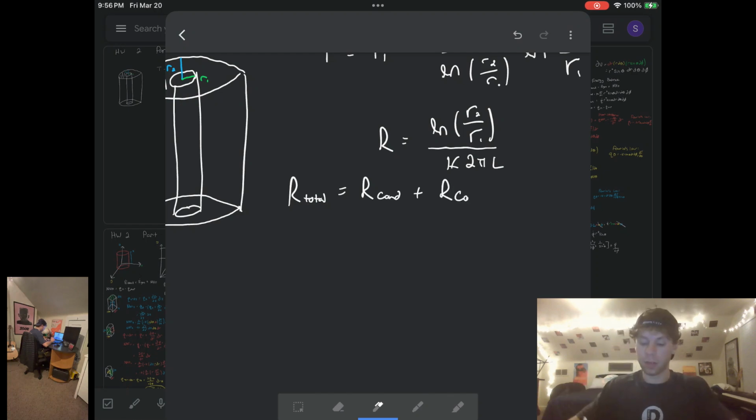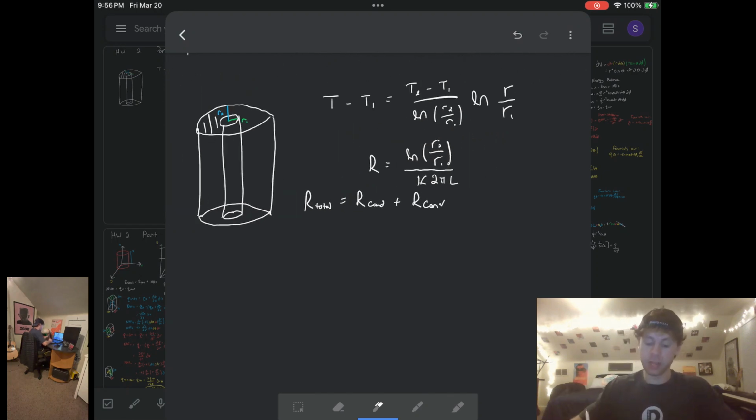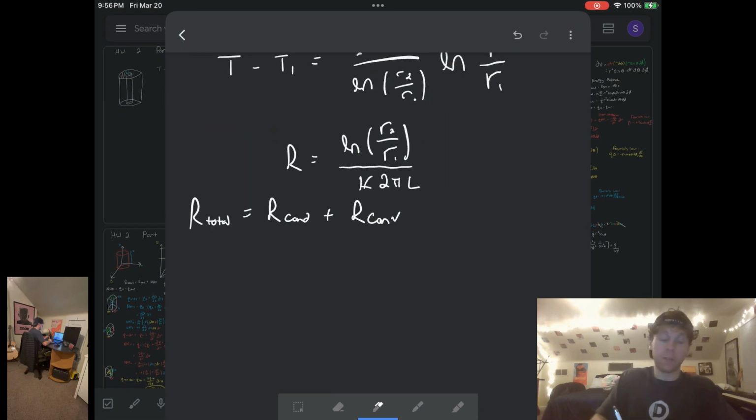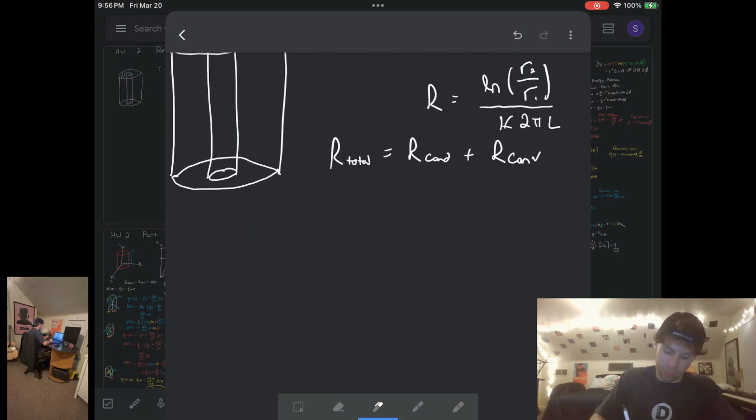So to find our convective thermal resistance, if we use our formula for heat flow by convection, which we know is our coefficient of convection, h, times area multiplied by our change in temperature, we can use that.